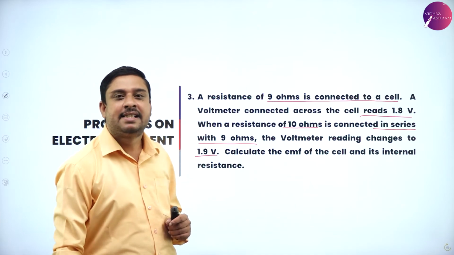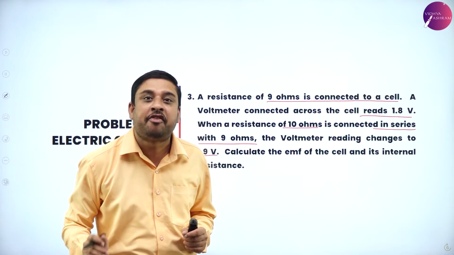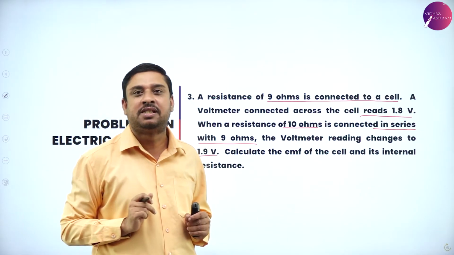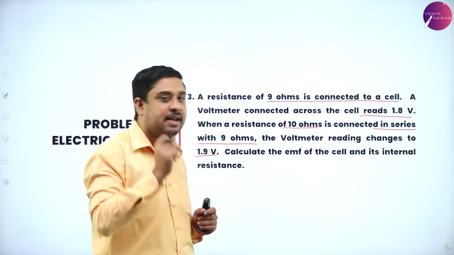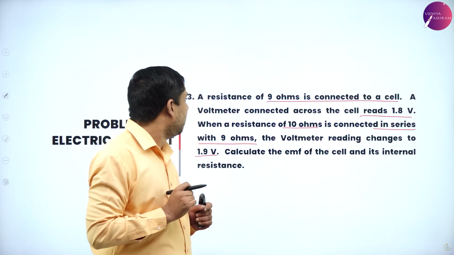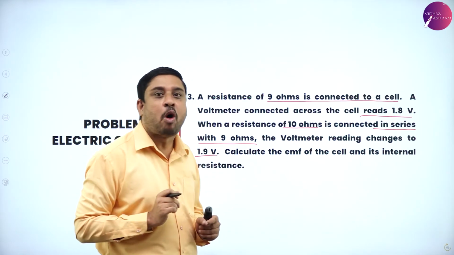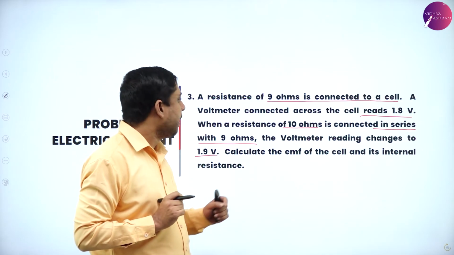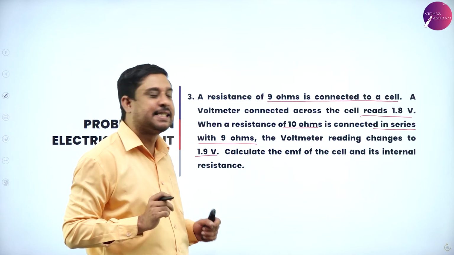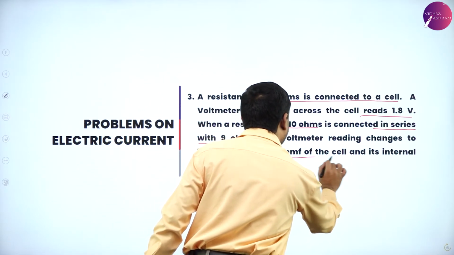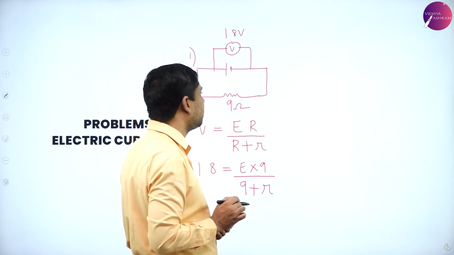Again, the second case: resistance of 10 ohms is connected in series with 9 ohms. The voltmeter reading changes to 1.9 volts. I have to calculate the EMF of the cell as well as internal resistance.